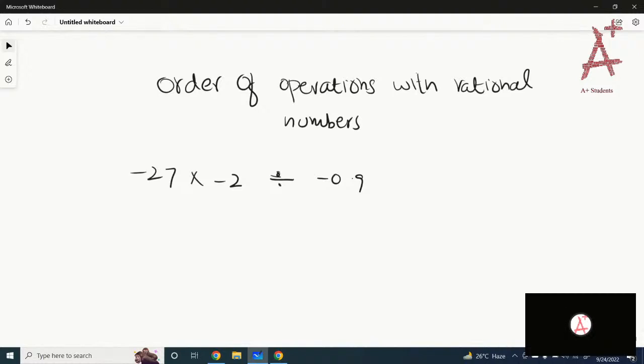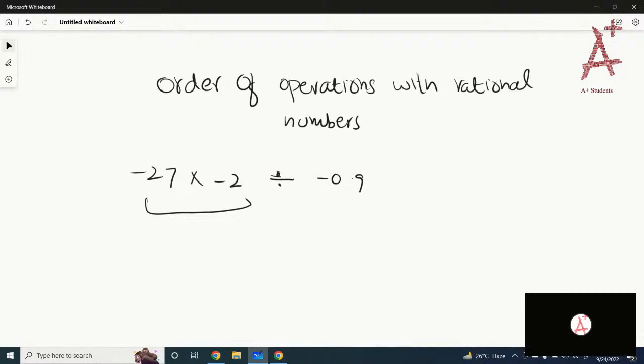So multiplication and division have the same priority, so we have to start from left to right. From left to right we have multiplication first. So first we have to multiply. Got it? Let me first explain which operations are to be performed first.